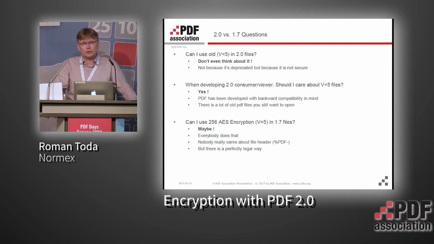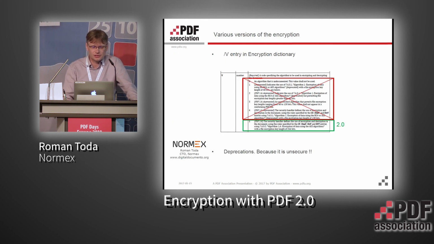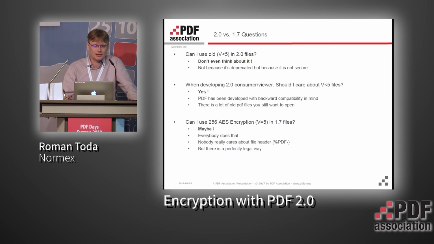And then another question: what can I do when I want to use 256-bit AES encryption, which is in fact the only one that is green, in my 1.7 files? Can I do that or not? Well, maybe you can.